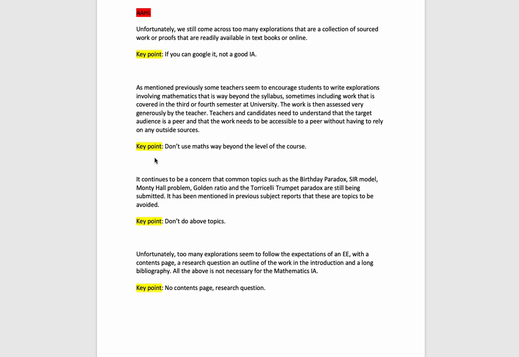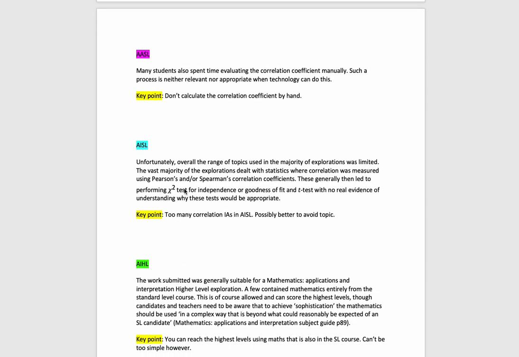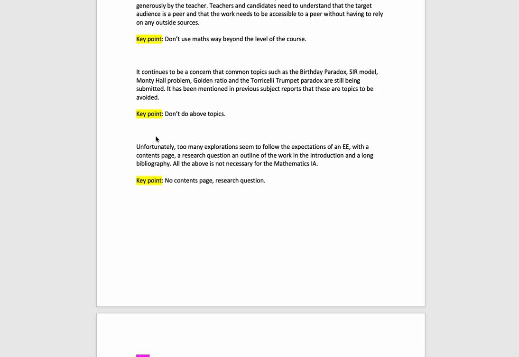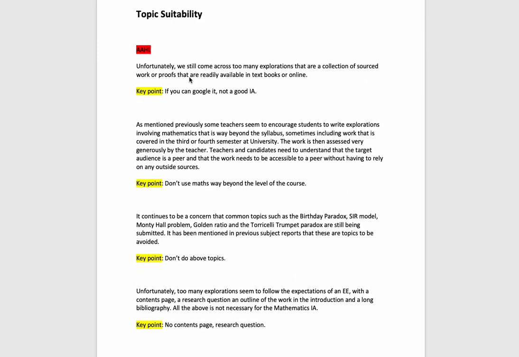What I've also done, guys, is I've put the points that are from AAHL, AASL, AISL and AIHL into specific headings. However, pretty much everything is appropriate for all 4 courses because it's essentially the same IA across the 4 courses. The only exception is things, which is why I've put them into these headings.